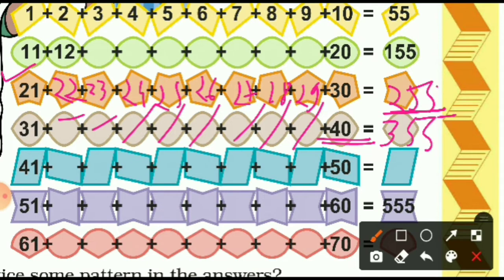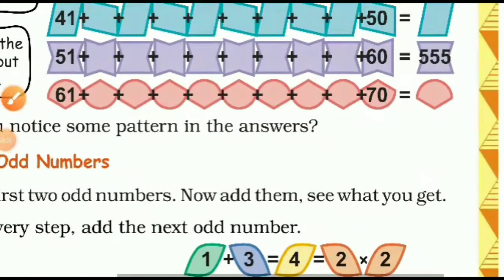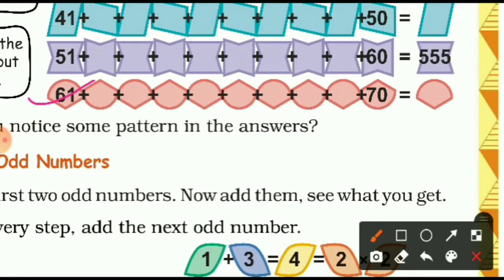Similarly, the sum of the numbers from 41 to 50 will be 455. Then the sum of the numbers from 51 to 60 will be 555.